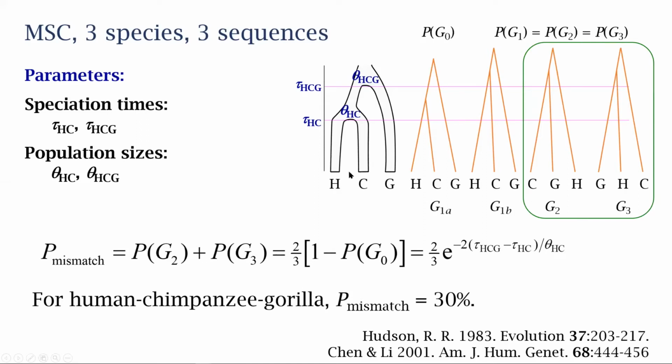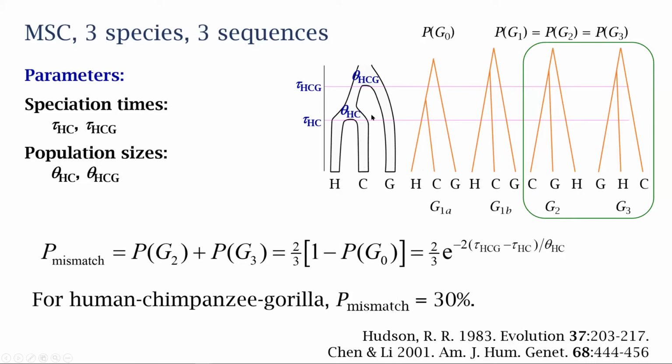So given the three-species tree, we talk about the possible gene trees for the three species. You get one sequence from each. So this is one gene tree that is formed by having a coalescent in this time interval between the two speciation times. So if you have a coalescent here, your gene tree will match the species tree.